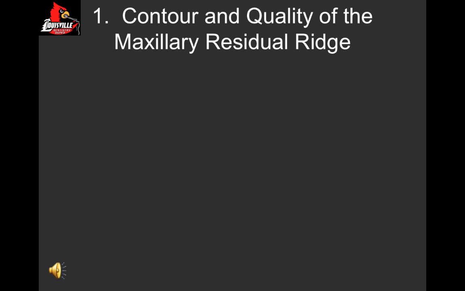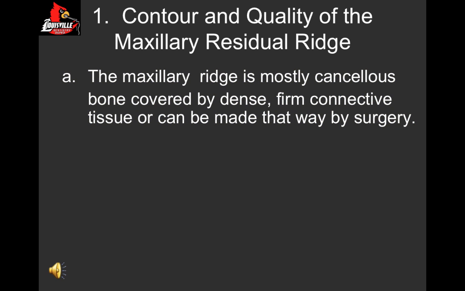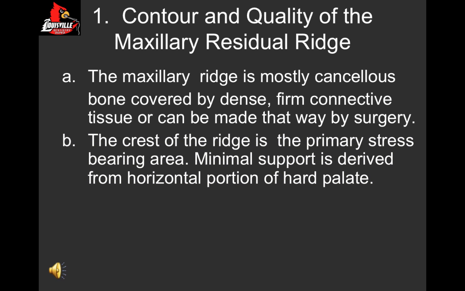In contrast to the mandible, the contour and quality of the maxillary residual ridge is as follows. The maxillary ridge is mostly cancellous bone, covered by dense, firm connective tissue, or can be made that way if surgery is done to remove any excess mobile fibrous tissue. The crest of the ridge is the primary stress-bearing area of the maxilla.